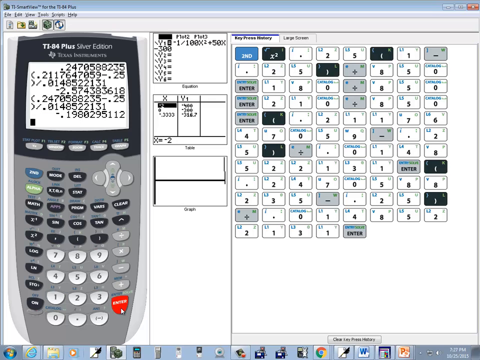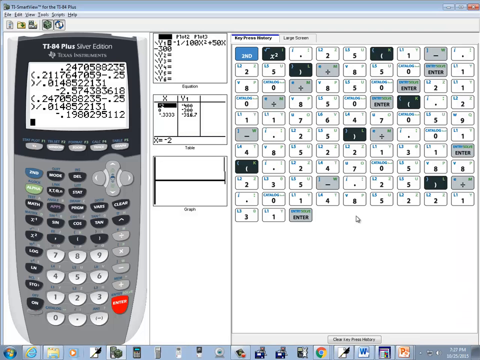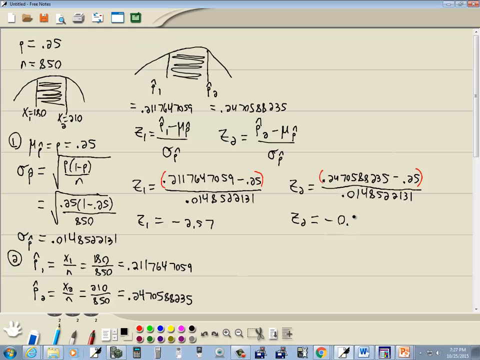Okay. And we get a negative value. Now I'll take it to two decimal places again. 0.19, and then that 8 causes us to round up, so it'd be 0.20.